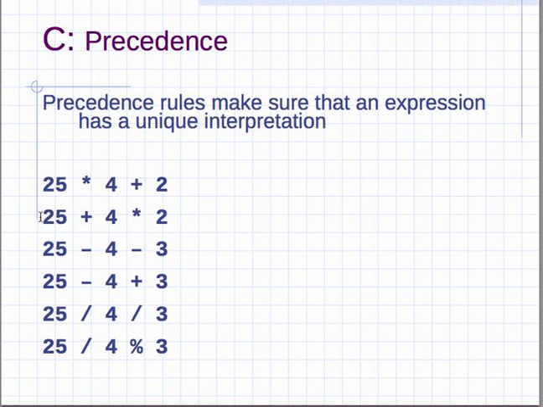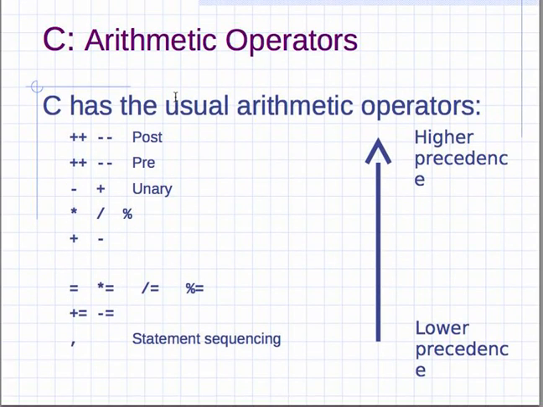Okay, so what's behind that? We know that each of these expressions has some, I would say, ambiguity, and precedence rules remove that ambiguity. That's what precedence rules are for. So what is a precedence rule? How does it remove ambiguity? It says things like multiply has higher precedence than addition.